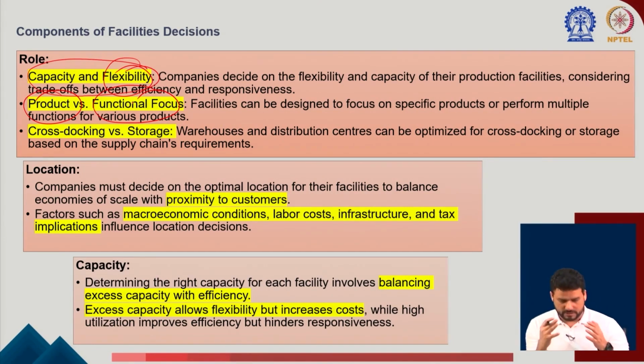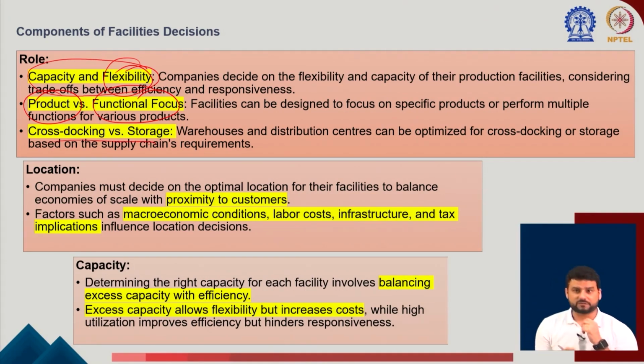But functional focused is, let us say I have one molding plant where I am dealing with all the plastic parts. This molding plant will provide the plastic raw material to all the fan manufacturers. The fan manufacturer may be Havells, maybe Philips, maybe any other manufacturer, right. I am just producing the plastic components, that is the molding plant I have, that is functional focused.